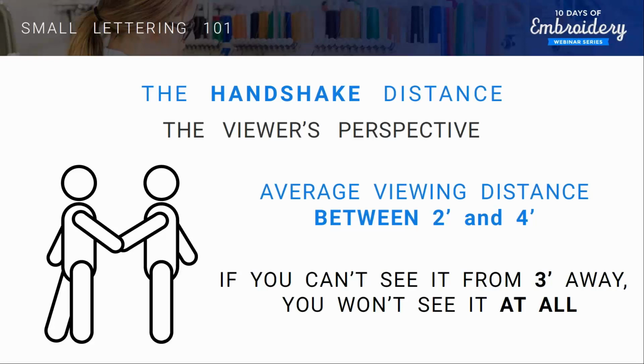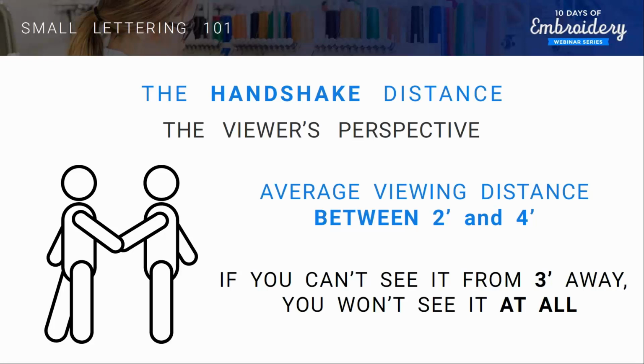The handshake distance was actually born out of a study in the 60s that was done on the distance of an American handshake between strangers. Now, not every one of us is American, I know, but this is just a good average thing to understand. Usually, that handshake is going to be between 2 and 4 feet between those two people when they're doing a normal handshake.